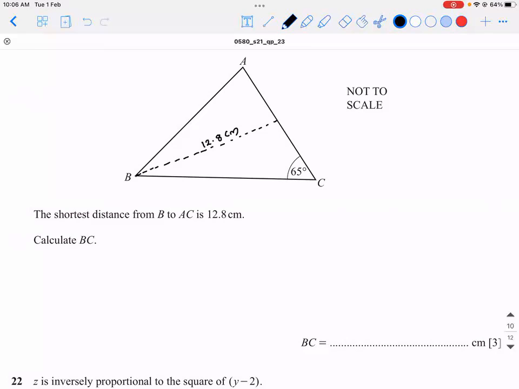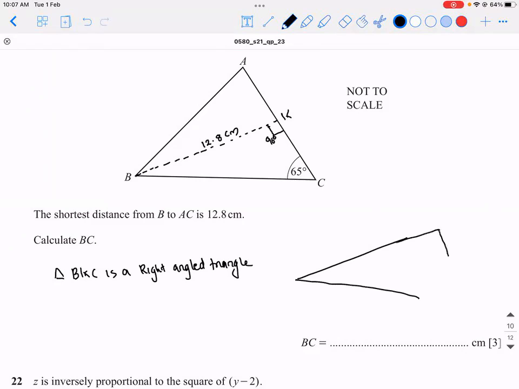Okay. So then they are asking about calculating BC. Since it is a perpendicular, this angle must be 90 degrees. Let this point be K. So triangle BKC is a right angled triangle.